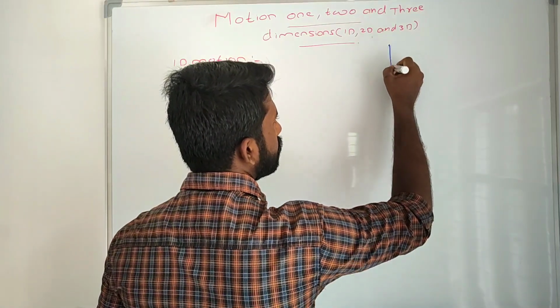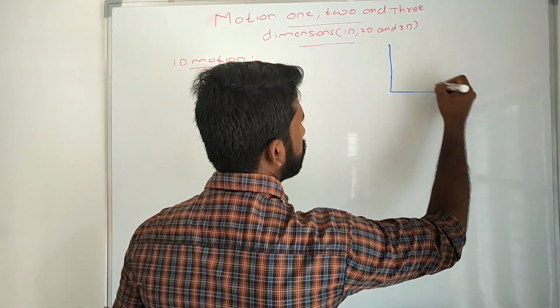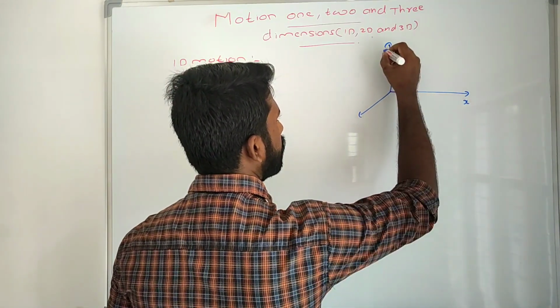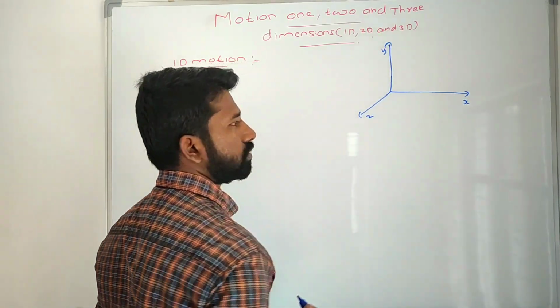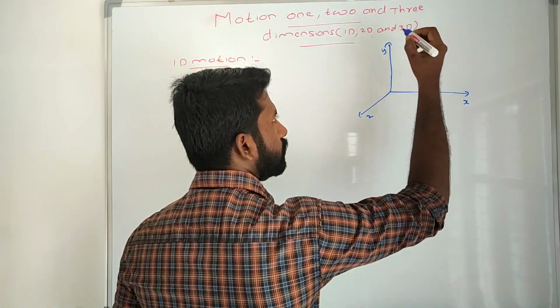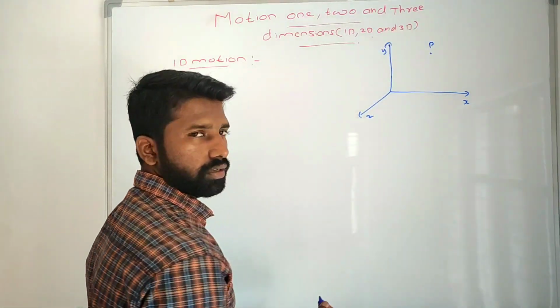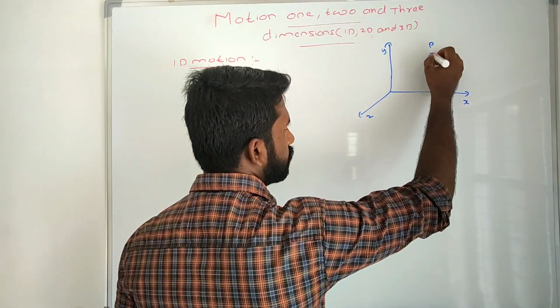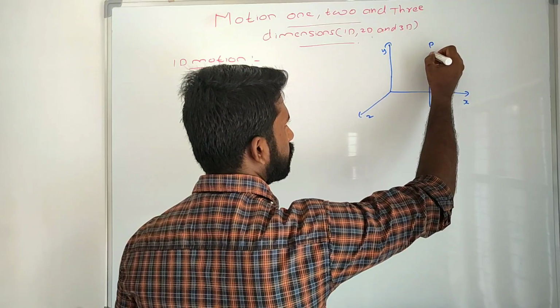So, this is the x, y and z axis. I need to define a position. This is a point P. From this point P, I am going to draw a line here.